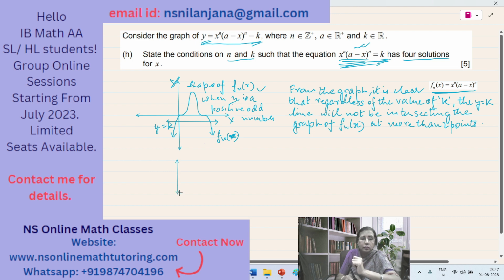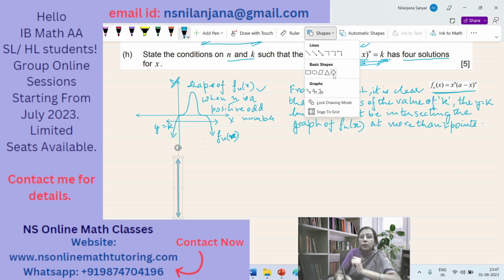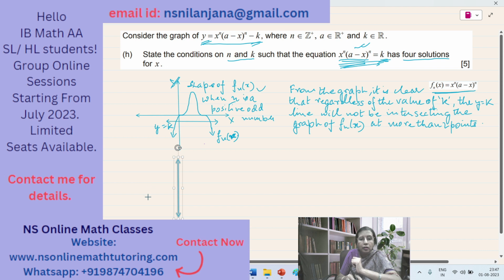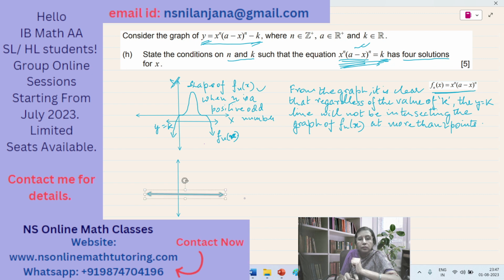This is the x-axis, this is the y-axis. And there will be one of the minimum points over here.